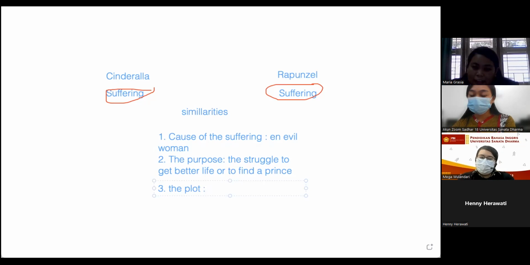Okay, and then what are the similarities of Cinderella and Rapunzel which relate to the suffering? Both of them. Every woman. No, that's number one. Before, you were talking about the plot. We are already at number 3.